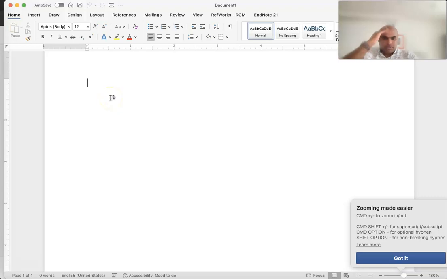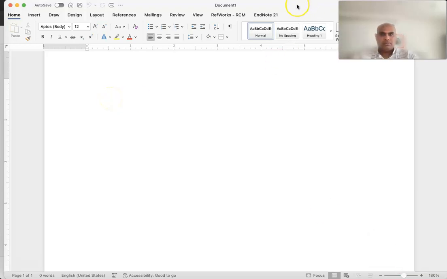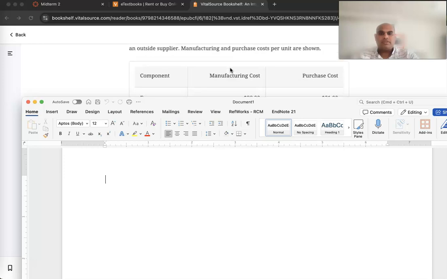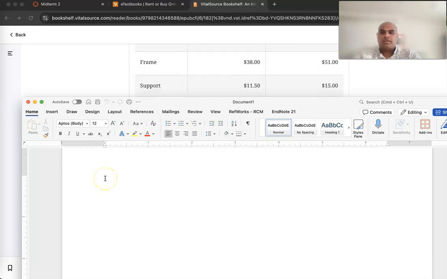Okay, so I'm just going to move it down a little so that I can see some of the data here. So I'm going to say FM is the number of frames manufactured, SM is the number of supports manufactured.